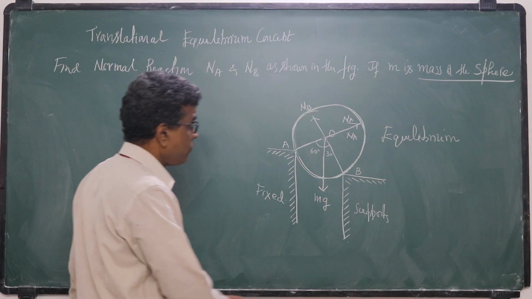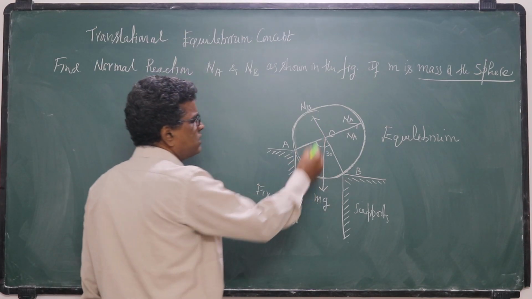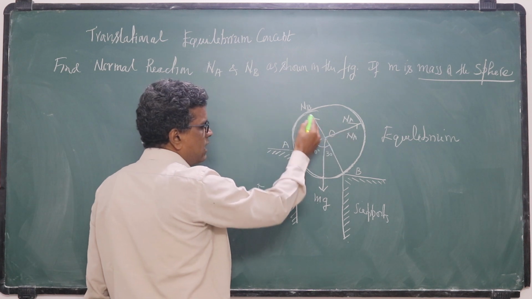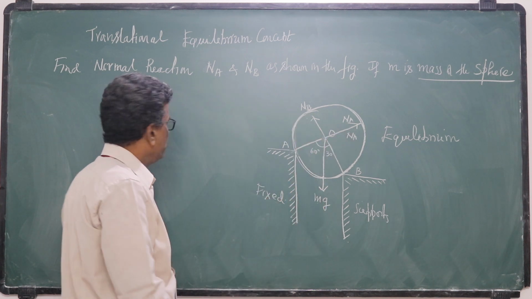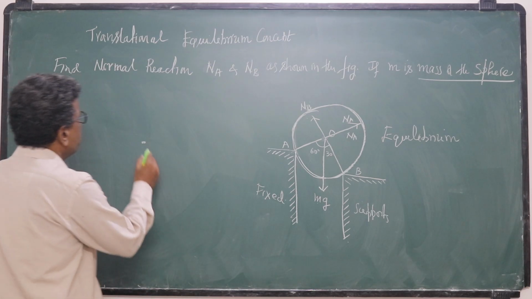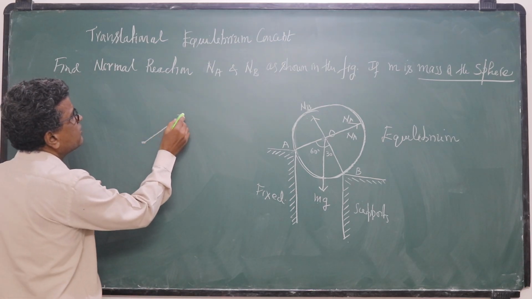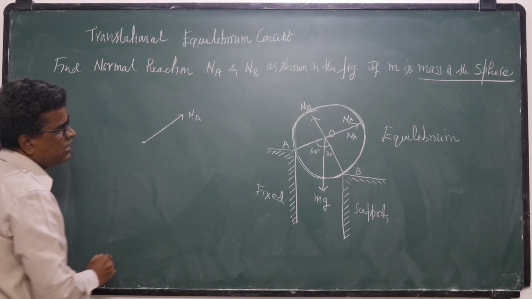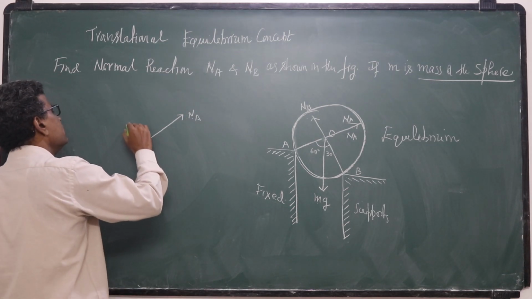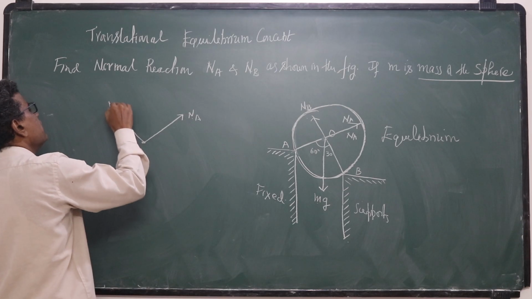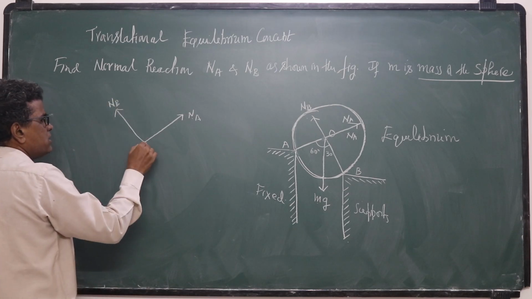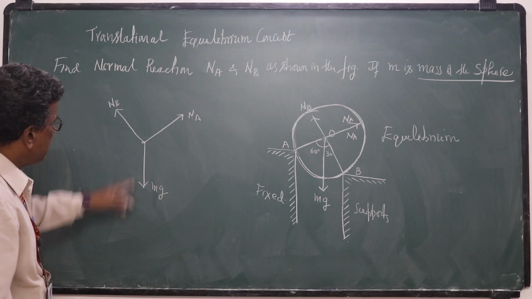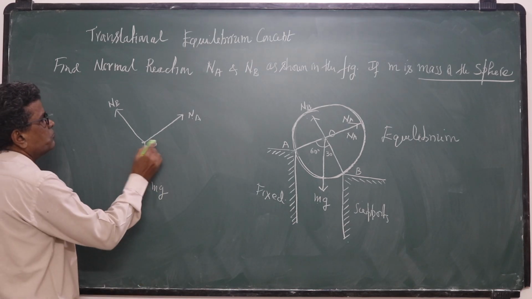Now these are the 3 forces acting on the sphere: NA, NB and mg. NA in this direction, NB in this direction, and the weight of the sphere mg. These are the forces acting on this sphere O.